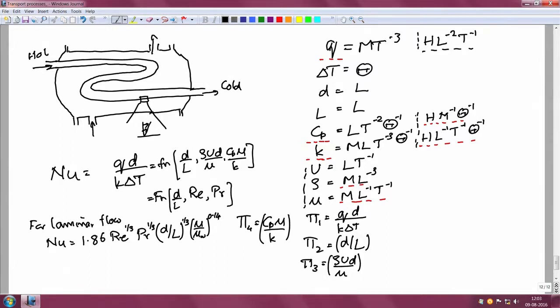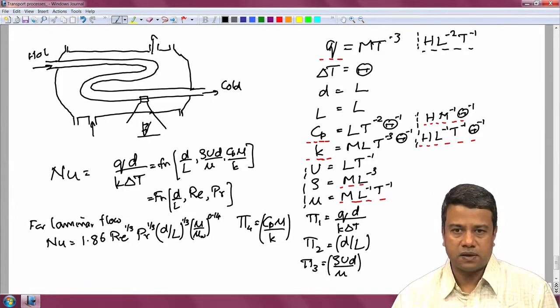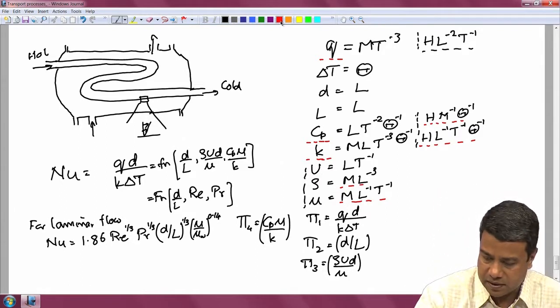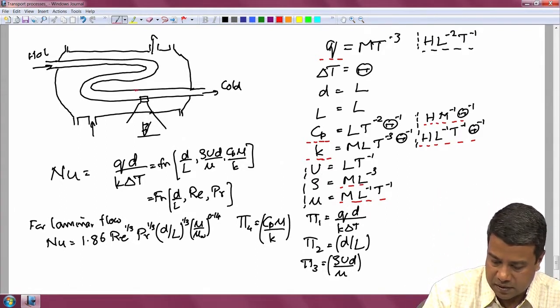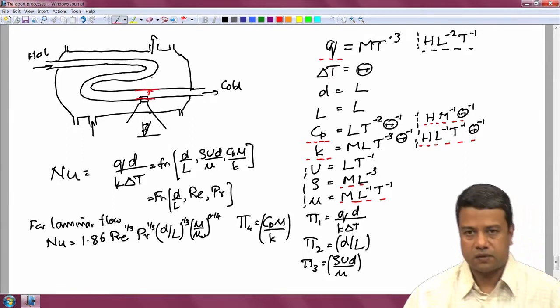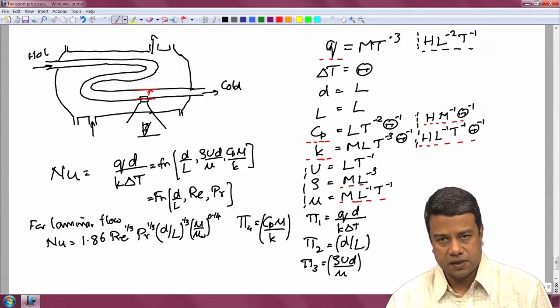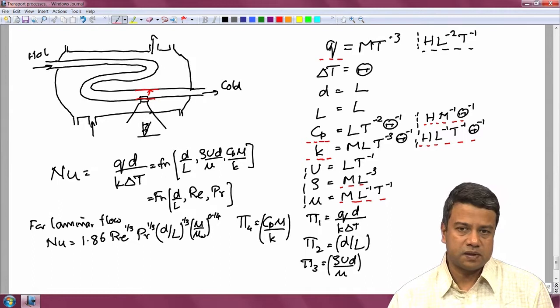This is something that I will not go through in this lecture. In this case, mu by mu W takes into account the fact that the viscosity of the fluid changes with temperature. Since heat is being conducted from the bulk of the fluid to the wall, and then into the shell side, the temperature in the bulk is often different from the temperature at the wall.